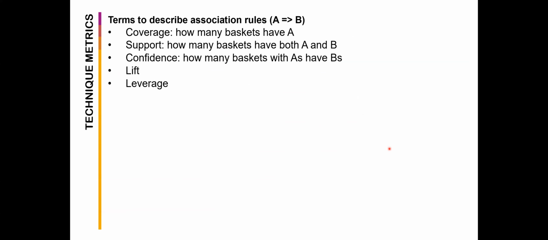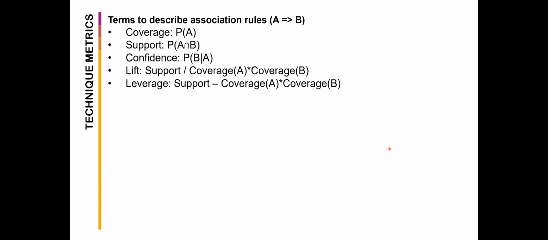And then we have the lift and leverage. So here, if we put it in a mathematical formula, I'm just putting it as a probability: P(A) is the number of transactions with A divided by the total number of transactions N. We have the probability of items containing A and B. Then the confidence is a conditional probability: the probability of B given that item set A happens.